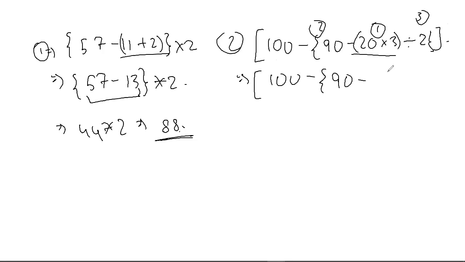First solve the round ones, so this would be 60. And then according to the Bodmas rule, division comes first. So then we'll solve the division part first.